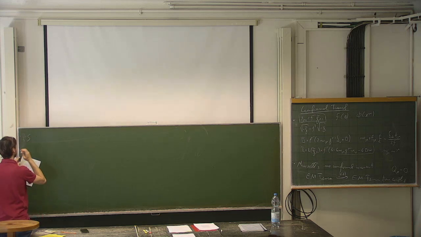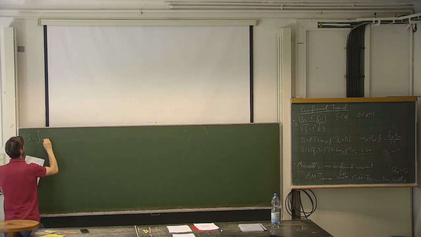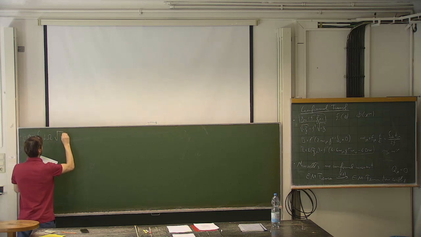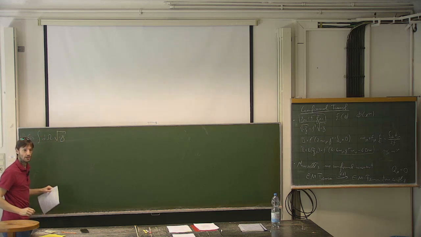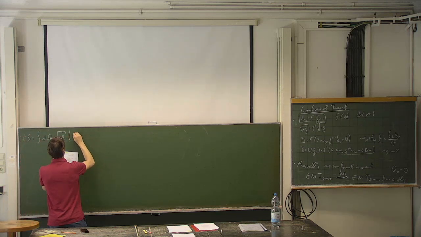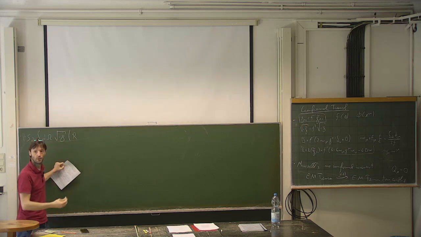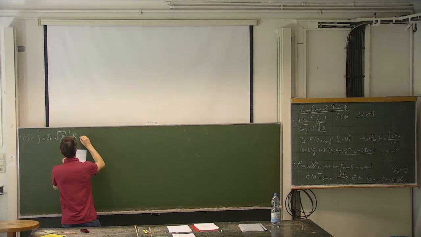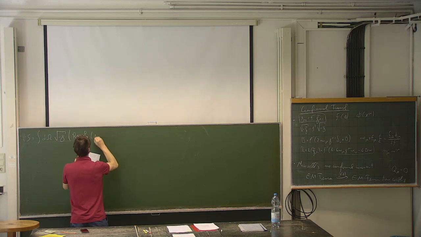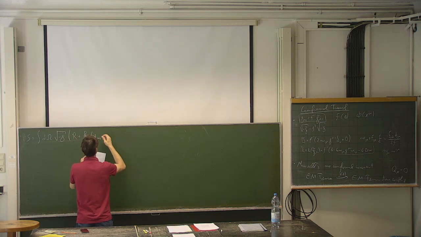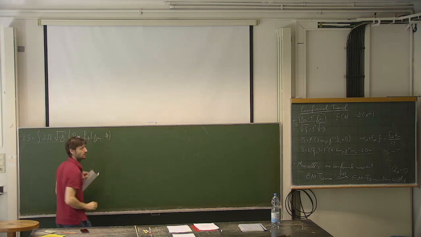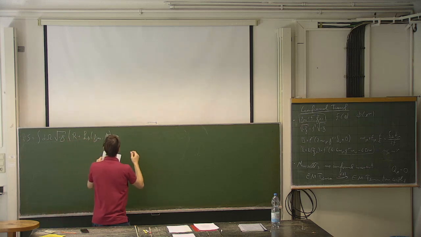So we have our action, which again contains our invariant volume element. And then we have what? Gravity. Therefore, we have our Ricci scalar. Then we might have a scalar field, which is again a function of g mu nu, our metric, and a scalar field phi. And then we have matter.